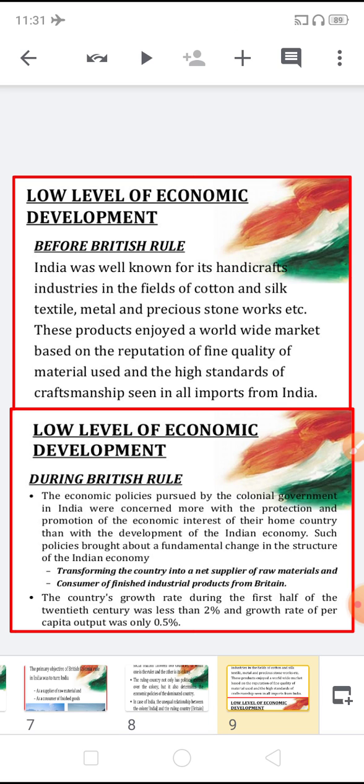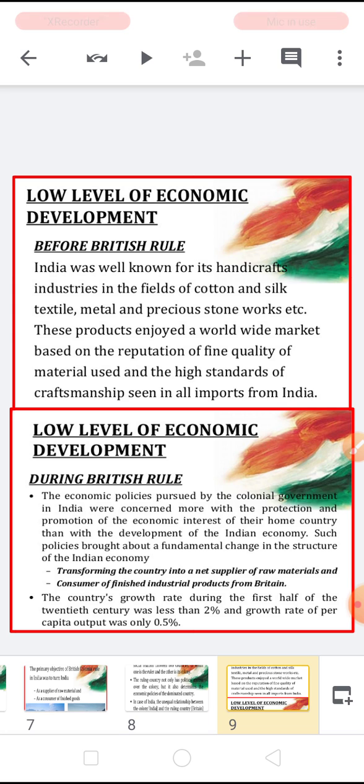As you all know, India was very well known for its handicraft industries in the field of cotton and silk textile, metal, and precious stonework. These products enjoyed a worldwide reputation in the foreign market, due to the fine quality of material used and the high standard of craftsmanship seen in all imports from India.